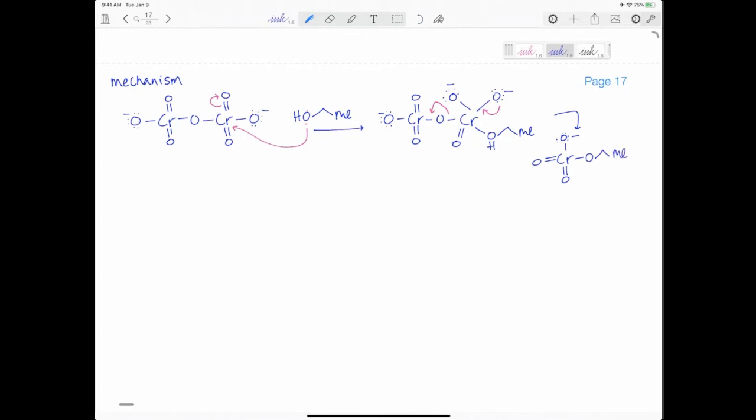And then the molecule that you knocked out earlier is going to come back in to take away the extra hydrogen. I forgot a plus charge here. So the leaving group that you knocked out is going to come back. Let me just draw it.